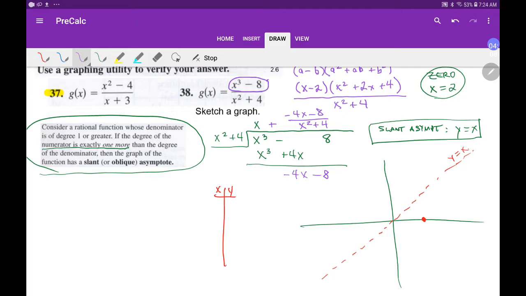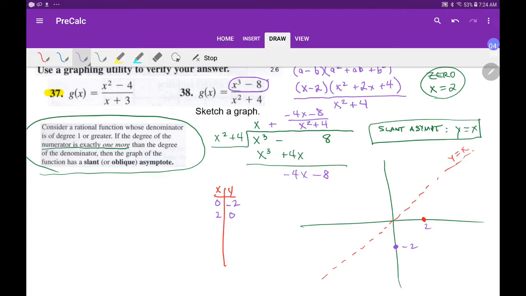Well, 0 is not too bad. When I put in 0 to the original equation, I get negative 8 over 4, which is negative 2. So when I'm at 0, I'm at negative 2. This is positive 2. I know what happens when I put in 2: I get 0, because that is a 0.